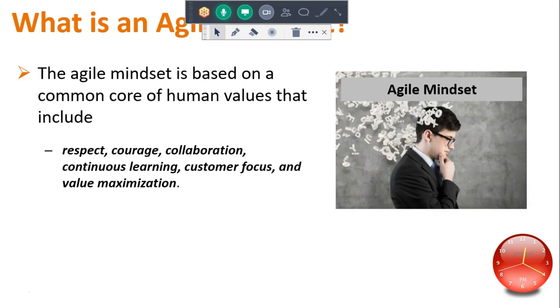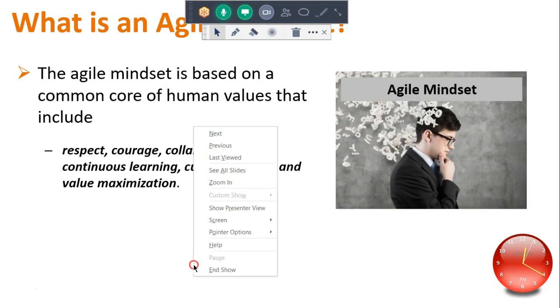You may have nothing to do with external customers except for as they interact with your business users. Your goal is still to provide value to your customer who happens to be your business user who's going to use the tool that your team is building for them. And value maximization, again, the best outcome with the least output.